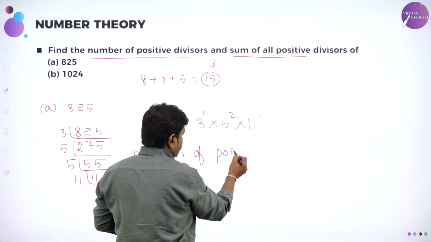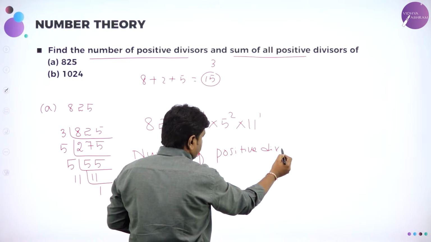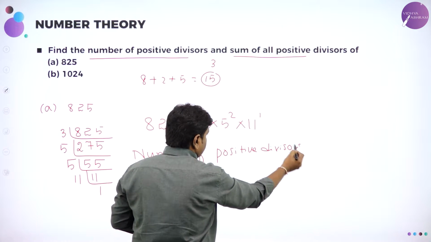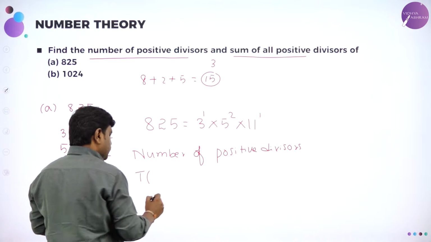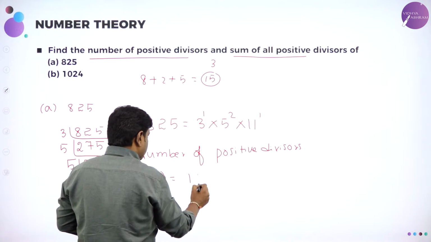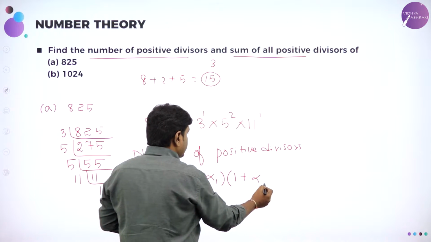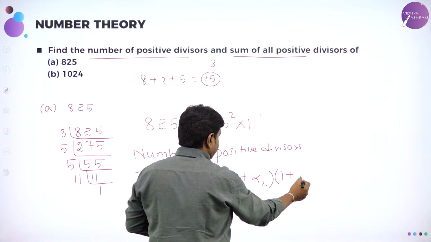How to find the number of positive divisors? You know the formula, 1 plus alpha 1 into 1 plus alpha 2, and so on. So we symbolize it as T of n is equal to 1 plus alpha 1 into 1 plus alpha 2 into 1 plus alpha 3.